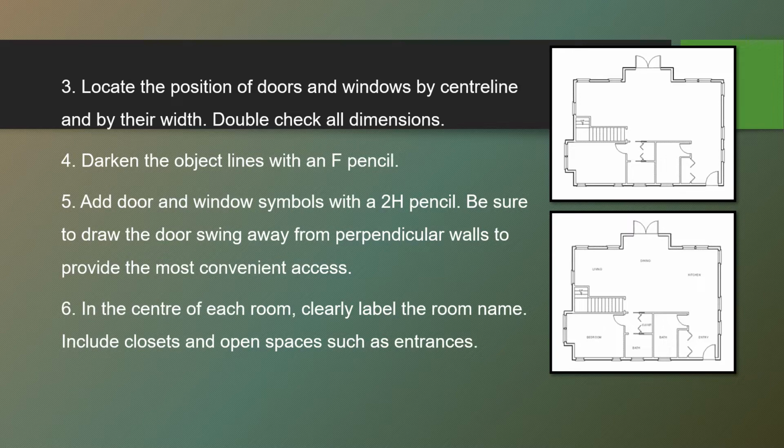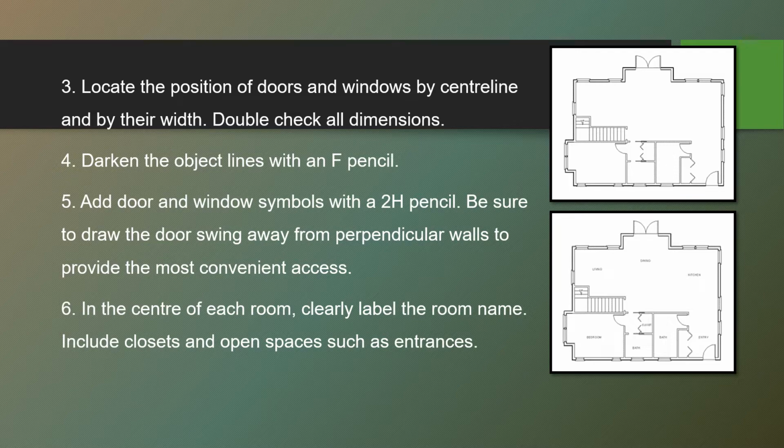Double check all the dimensions. Number 4, darken the object line with the F pencil. Number 5, next, add door and window symbols with a 2H pencil. Be sure to draw the door swing away from the perpendicular walls to provide the most convenient access.